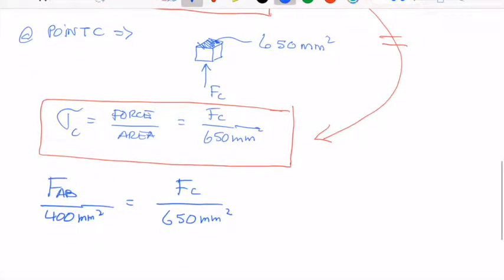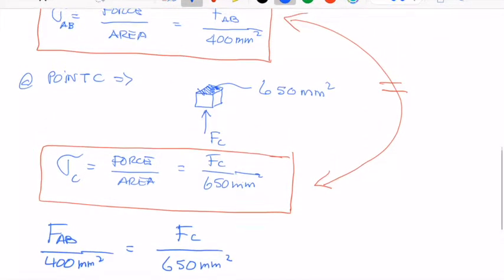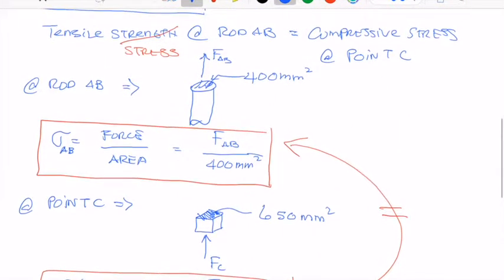So this is the condition that satisfies that the stress at rod AB is equal to the stress at point C.